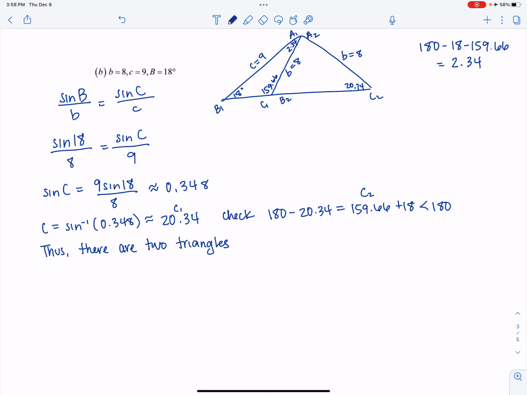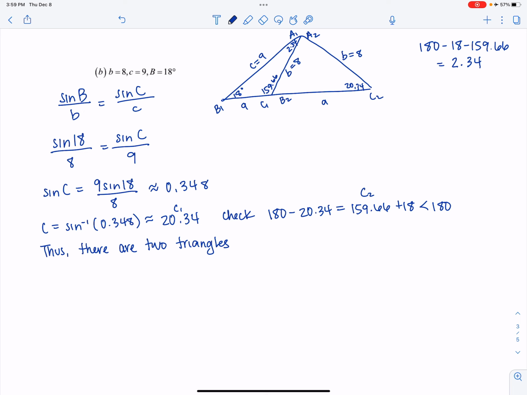And then we've got, let's see, we are missing, we have C, we have B, we're missing our little A's. And I think that's, oh, we are missing B2 and A2.